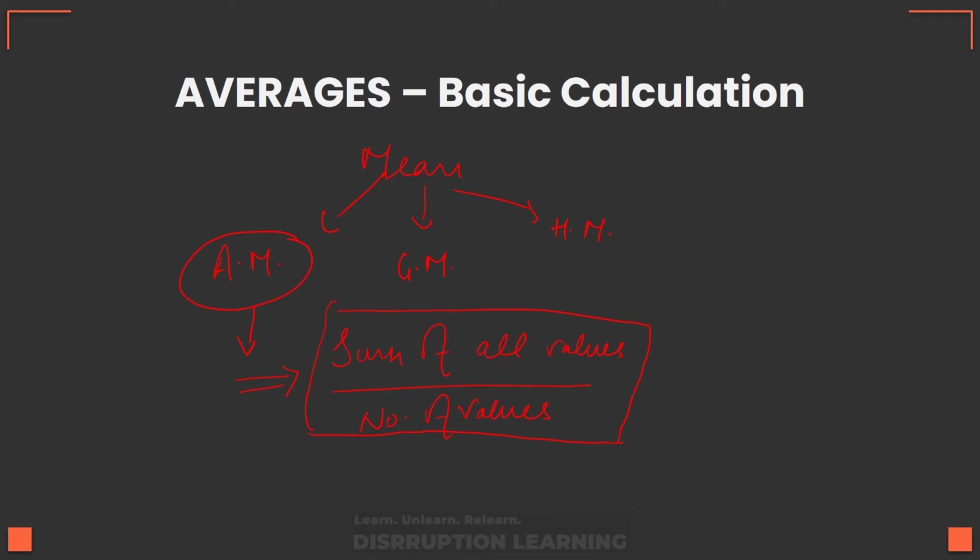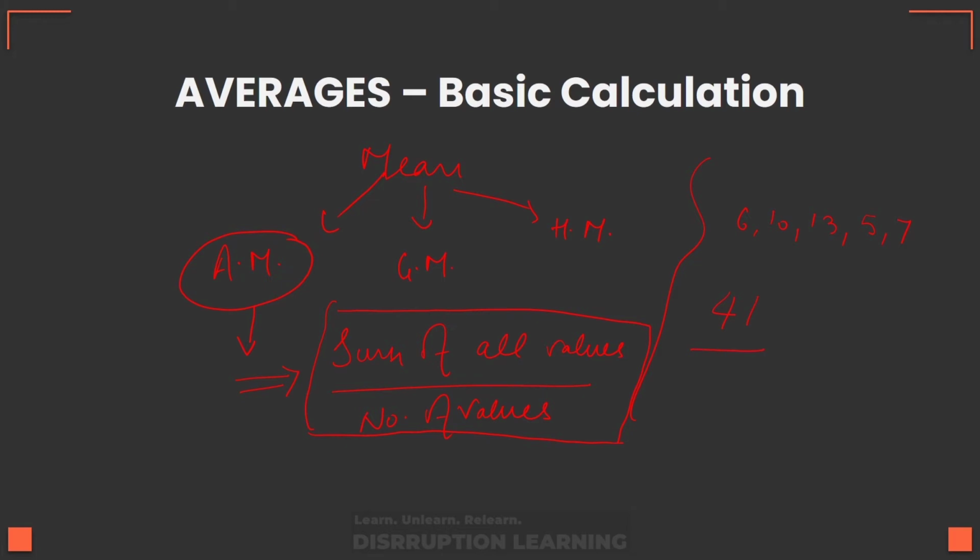Now, let us take an example. Let's say you have a group of numbers which has 6, 10, 13, 5, and 7 in it. You need to find the arithmetic mean of this group. You are going to add all these 5 numbers. 6 plus 10 is 16, and 13 is 29, 5 is 34, and 7 is 41.